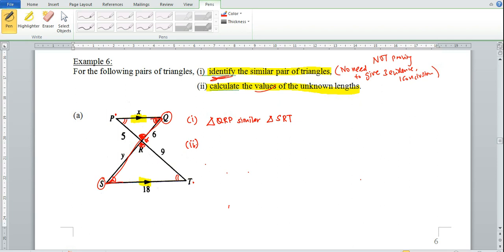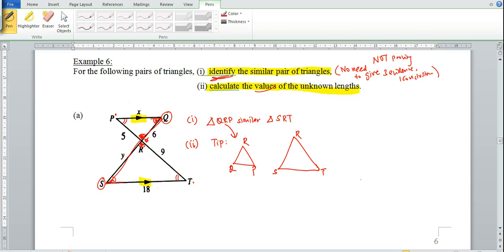Tip here: if the triangles are twisted and you don't know which side matches which, the best way is to redraw the triangles. Based on part 1, I have QRP and I have already shown that it is similar to SRT.